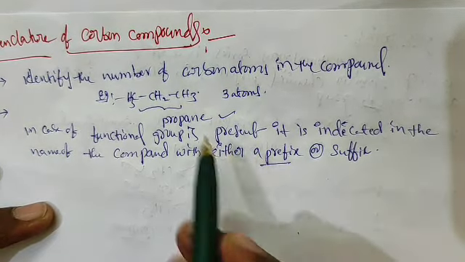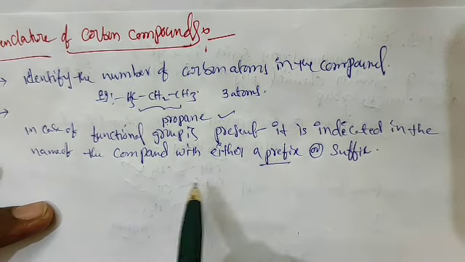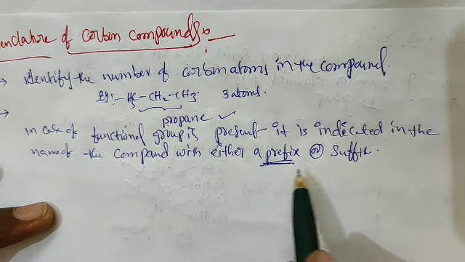Understood? A prefix means in front of the root word. Root word means here the number of carbon atoms. What we write in front of the root word is the prefix.